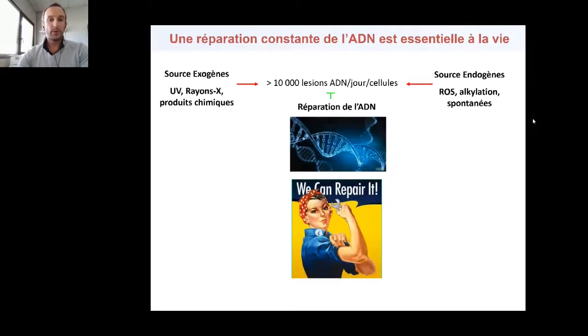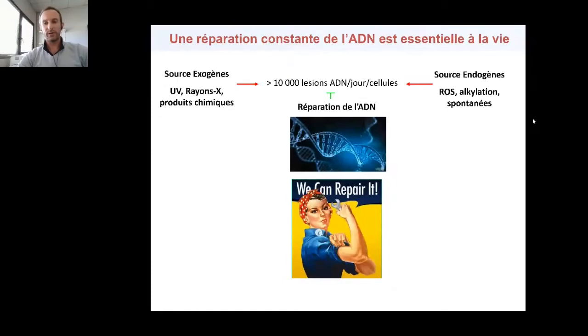But we know that in absence of a complete repair of this DNA, as in some rare genetic diseases like xeroderma pigmentosum, you have a dramatic increase in skin cancer. We have also other, more complex syndromes, like Cockayne syndrome, and you will have, in this case, a segmental premature aging.